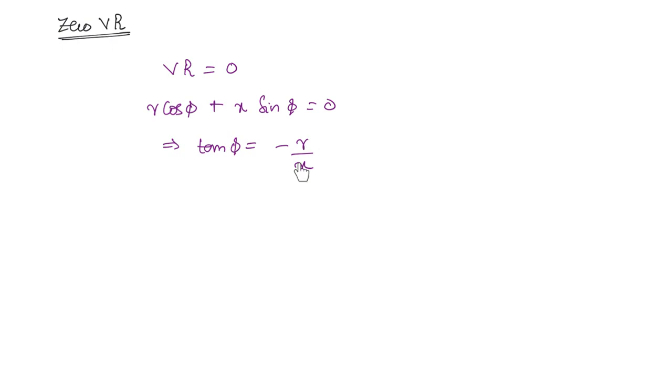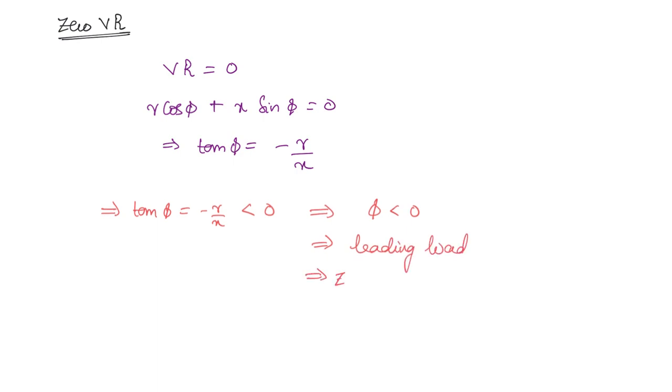R is positive, X is positive. So tan phi is a negative value, which means that phi is a negative value. Tan phi is equal to minus R by X is less than 0. This implies phi is less than 0. That means it is a leading load. So this implies that zero voltage regulation will occur at a leading load.